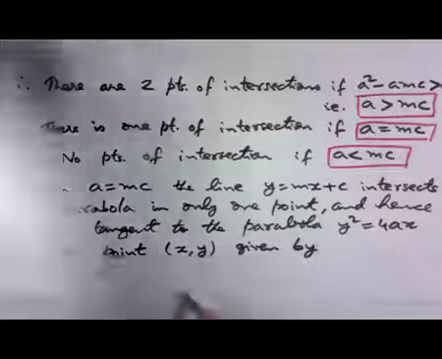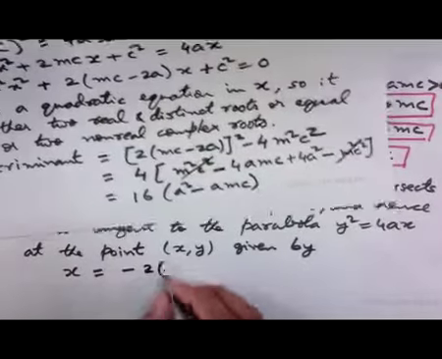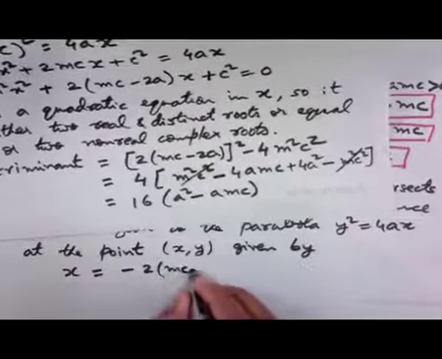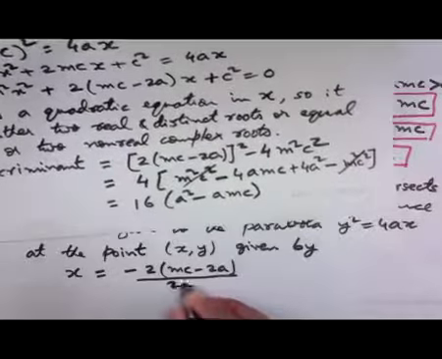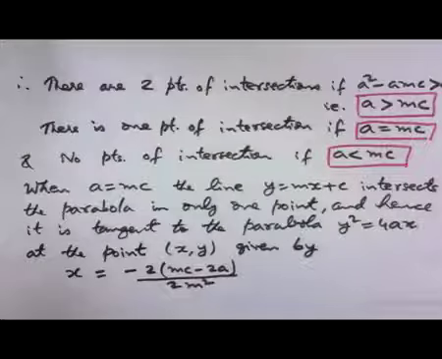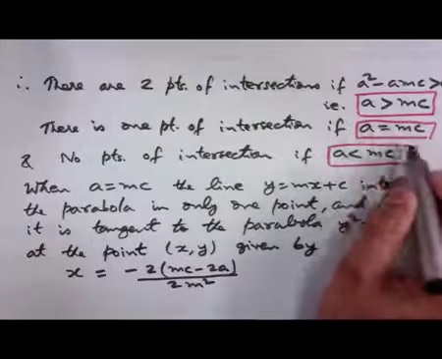So, that is minus 2 m c minus 2 a divided by 2 m square. But in this case a is equal to m c.